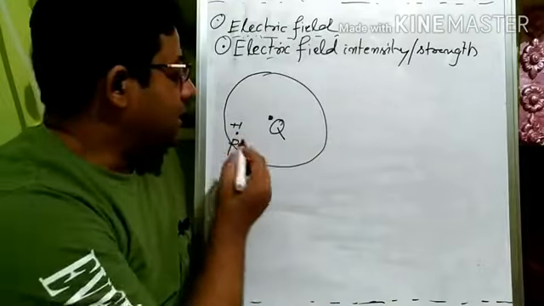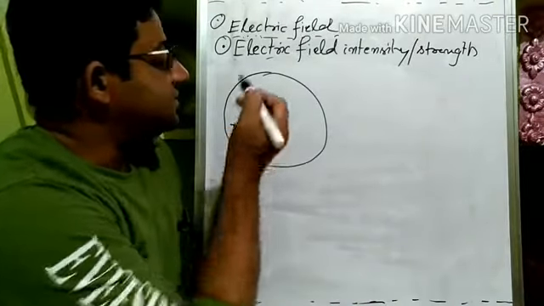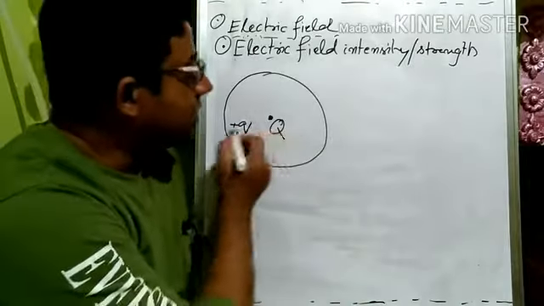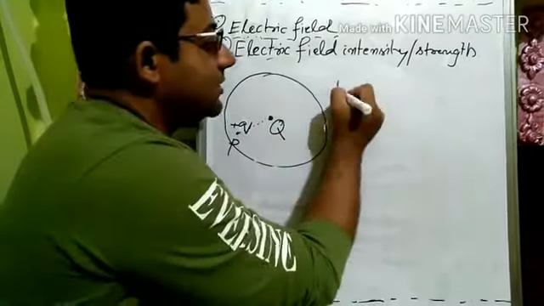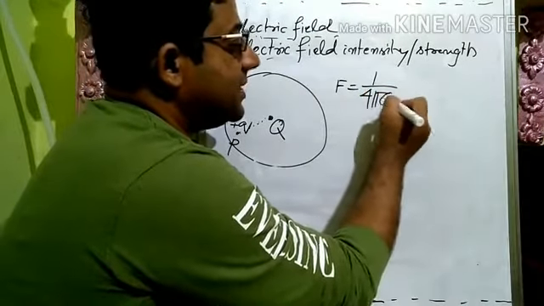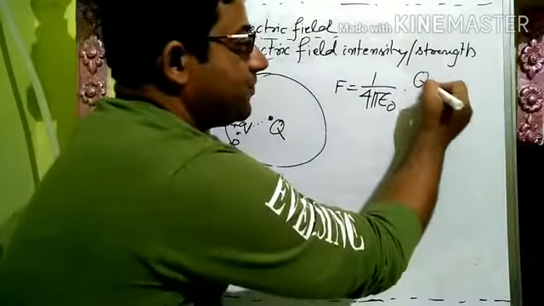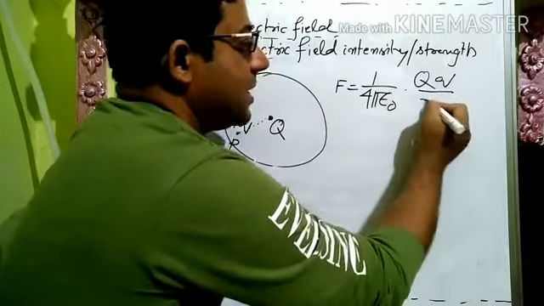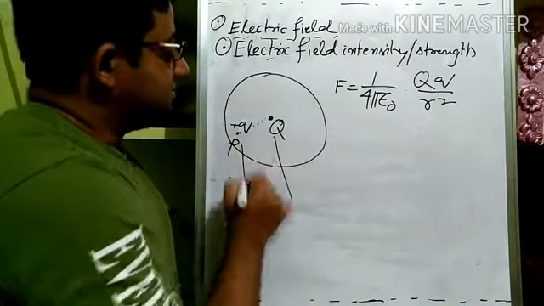Now if instead of a unit positive charge, there is any charge small q, then what is the force of attraction or repulsion between these two? That is given by Coulomb's law, which is equal to 1 by 4 pi epsilon naught, q1 q2, charge Q into charge small q, by r square, where r is the distance between the two charges.